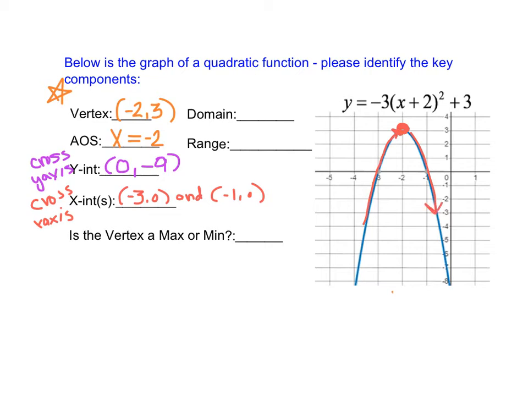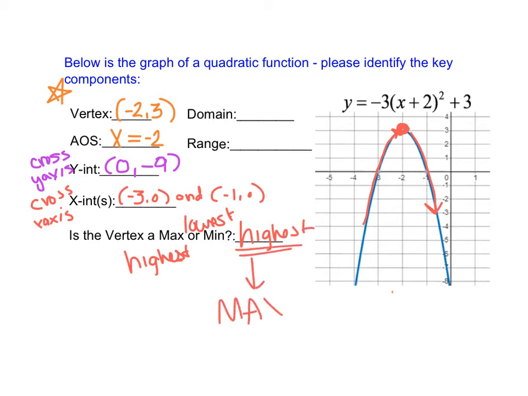So when we say is our vertex a maximum or a minimum point, we're asking: is that vertex the highest point on the graph, which would make it a maximum, or is it the lowest point on the graph, which would make it a minimum? And here I notice that my point is my highest point on the graph, which makes this vertex point a maximum point.